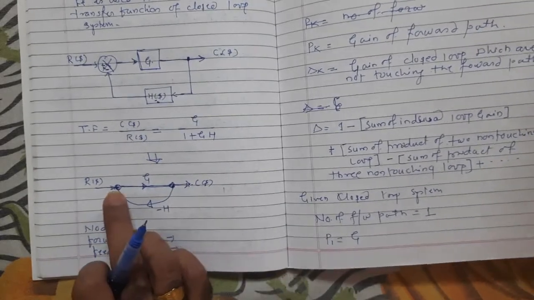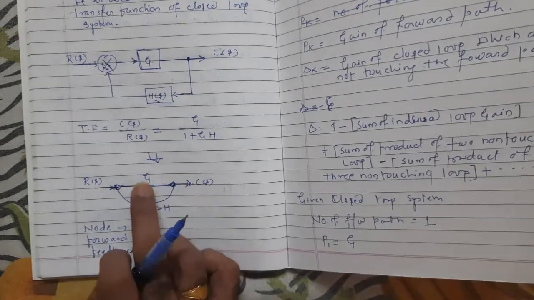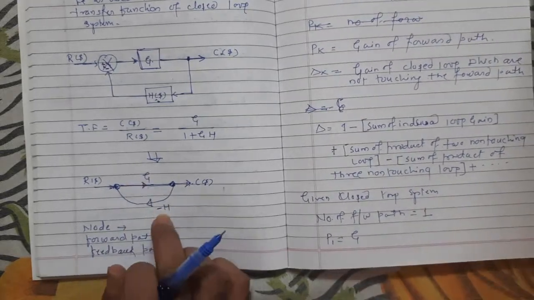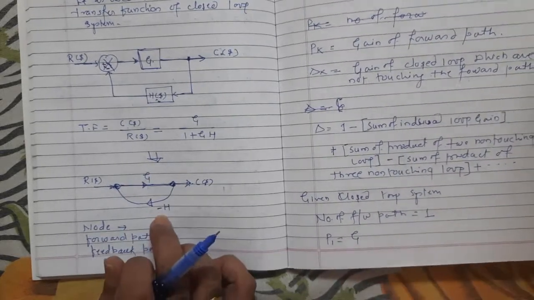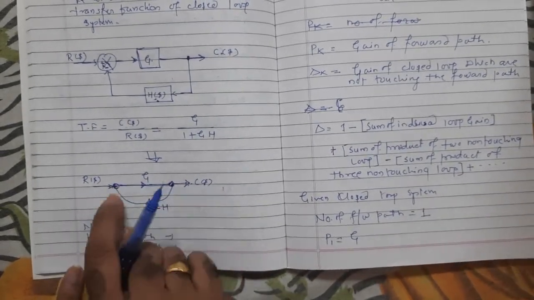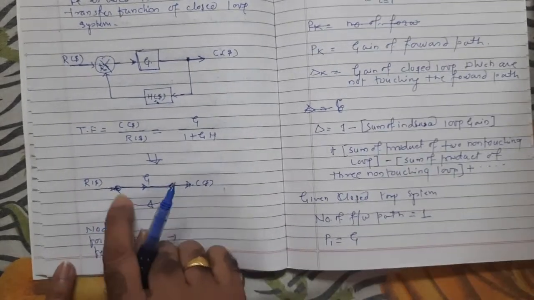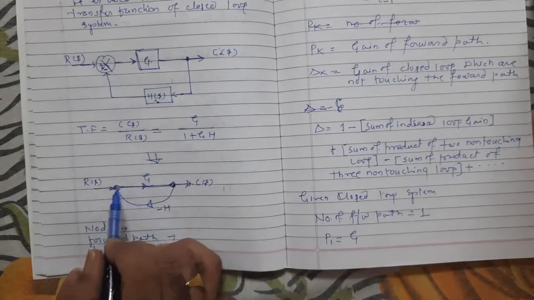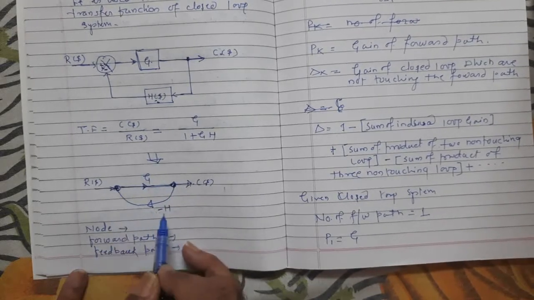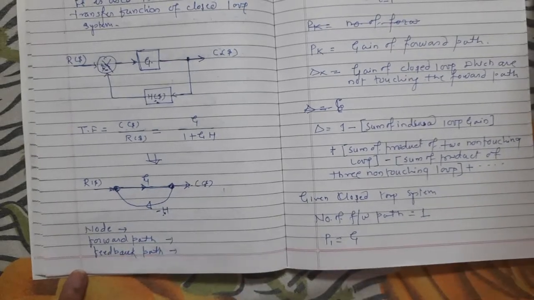From these points to these points there is G, and again from these points to these points it is minus H. So the gain of this path is G, and the gain of the other path is minus H. So G multiplied by minus H is minus GH. This is one closed loop. Closed loop means the starting point and the end point of the loop are the same. If we start from this point, the gain is G, and coming back to the same point the gain is minus H, so it is minus GH.